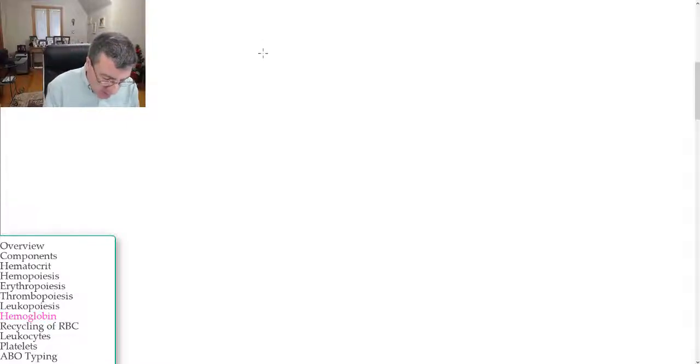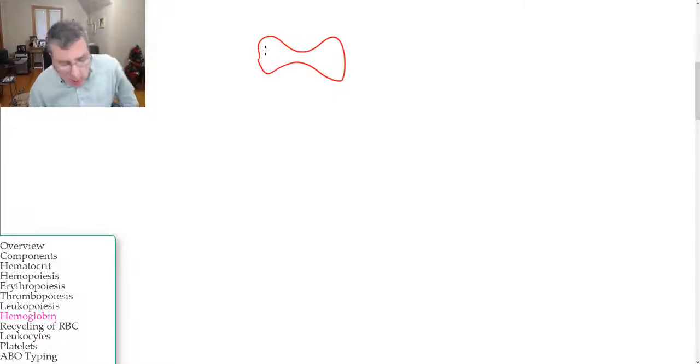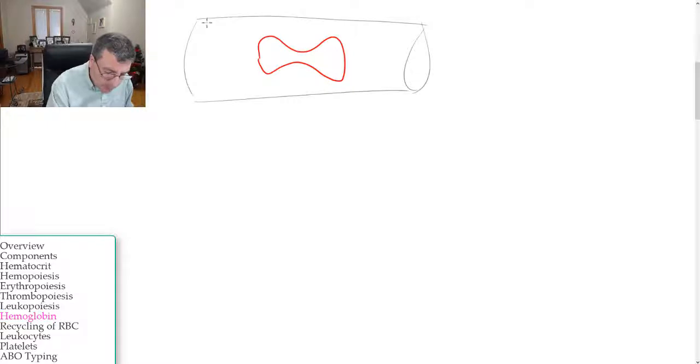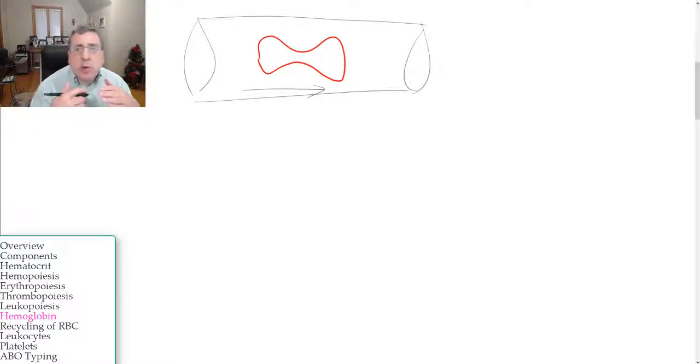It's going to look something like that, and this is going to be contained within a blood vessel, with the blood flowing in a specific direction. Again, it's a biconcave disc, so it caves in on one side as well as on the other side, and the intention for that is it allows for more oxygen to be carried.